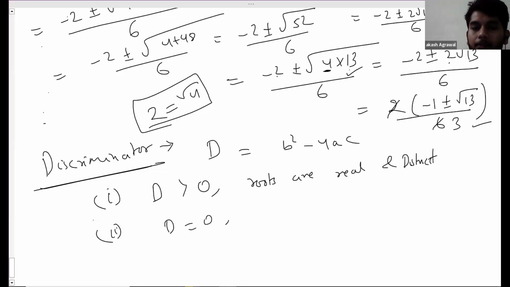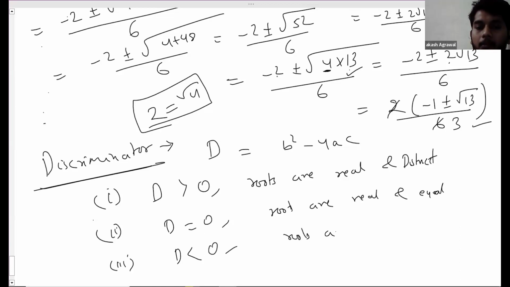If D is equal to 0, the roots are real and equal. D less than 0, the roots are imaginary. Okay.